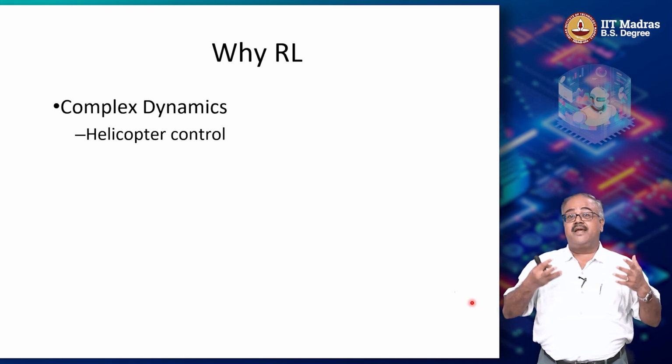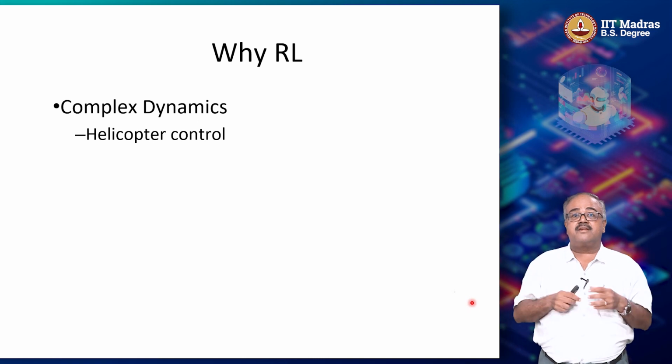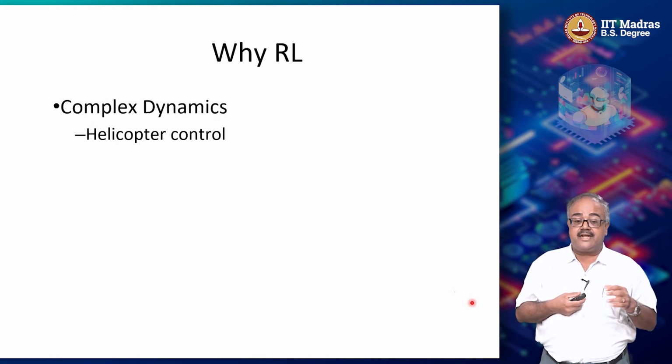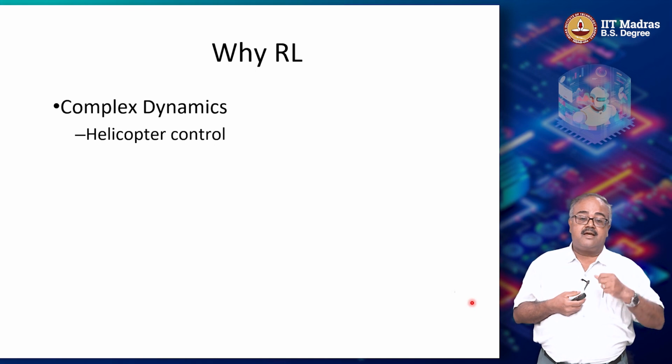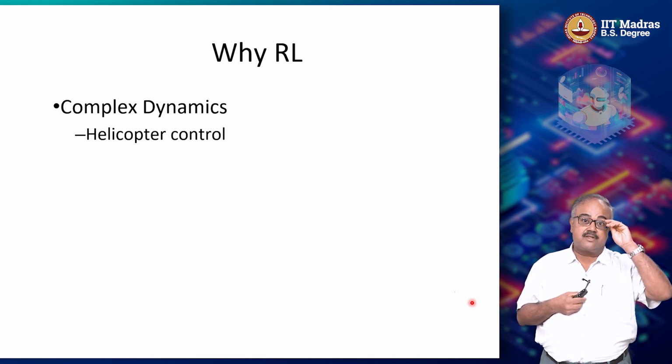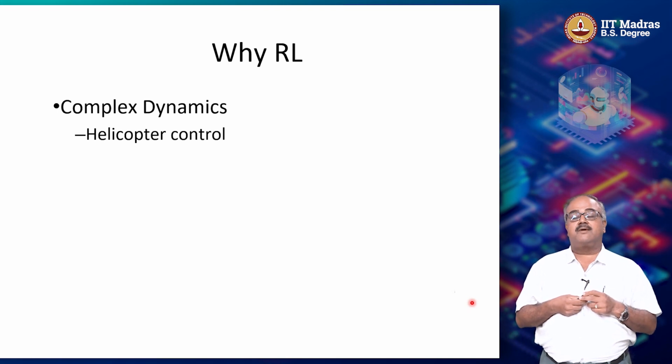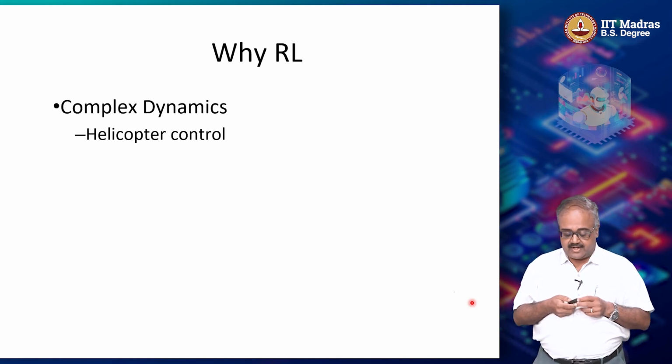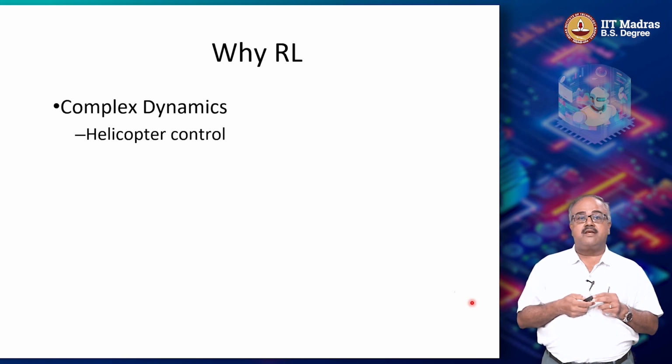All of these are very complex systems with complex dynamics, and writing down the right way of managing or controlling those systems using classical methods quickly becomes intractable. And in such cases, people have explored using reinforcement learning.